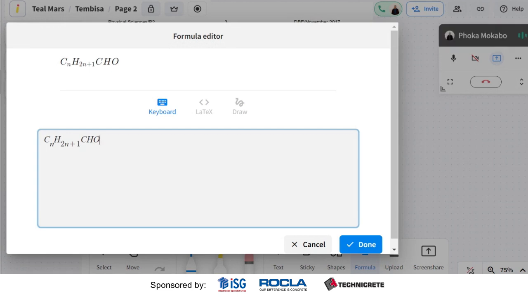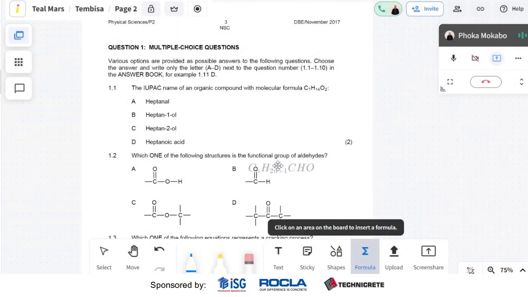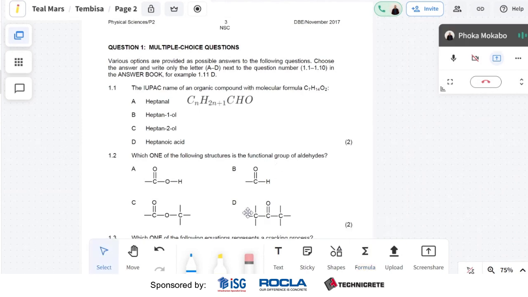The CHO is separate from the other C's and H's specifically because that is the functional group, the actual functional group that will determine whether or not it's an aldehyde. Okay, that's it for heptanal.